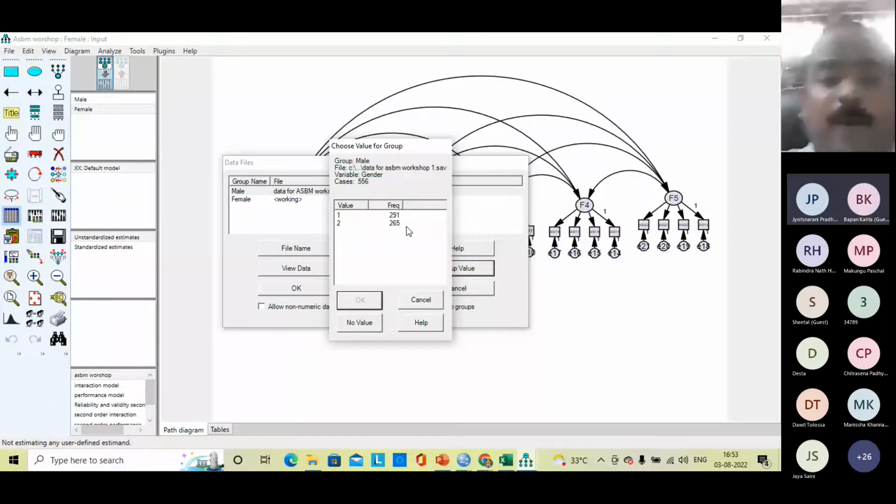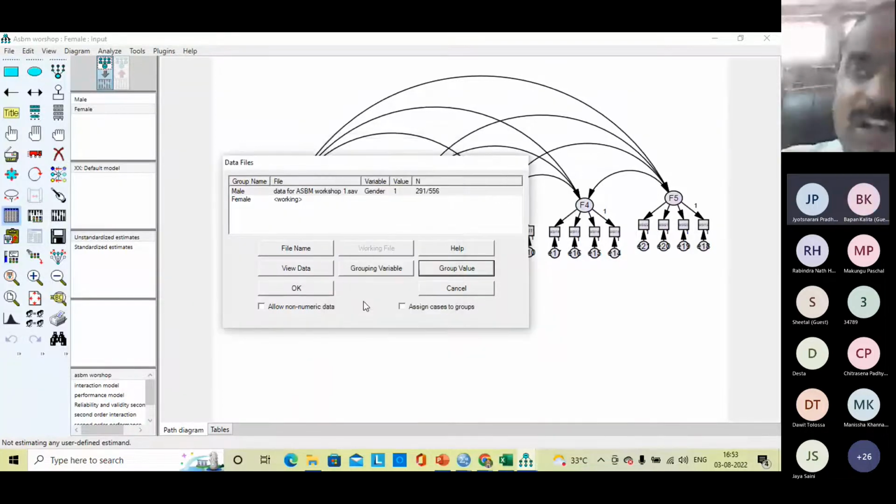Click on 1 because I have given male as 1. Click on 1, then OK. Now AMOS has been given the input that 1 means male, and we are doing the multi-group testing based upon gender.